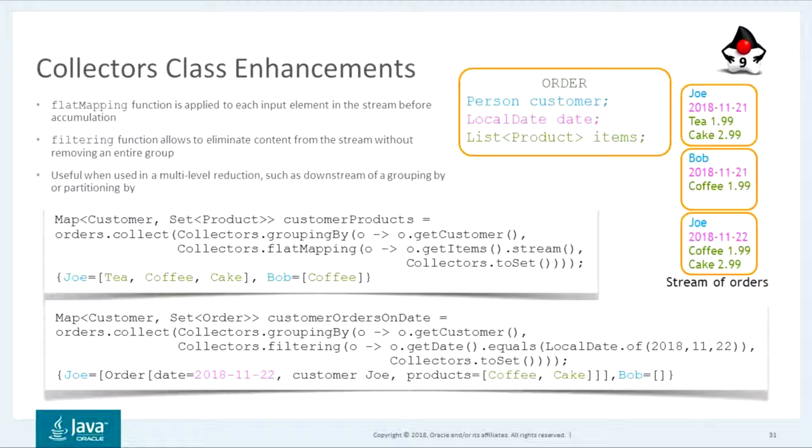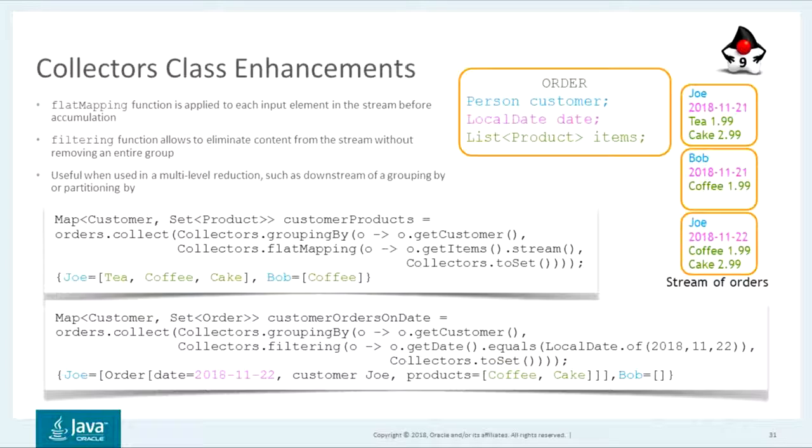The next method is called filtering. Eliminating content from the stream without removing an entire group. A normal filter method will remove the group if no criteria are yielded true for elements in that group.